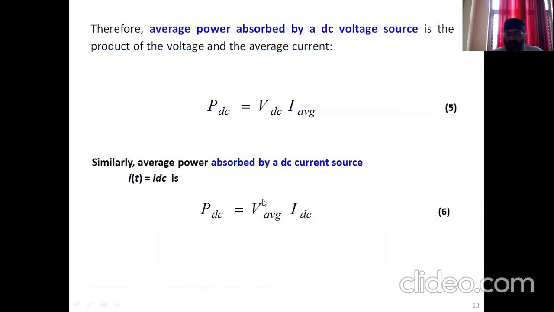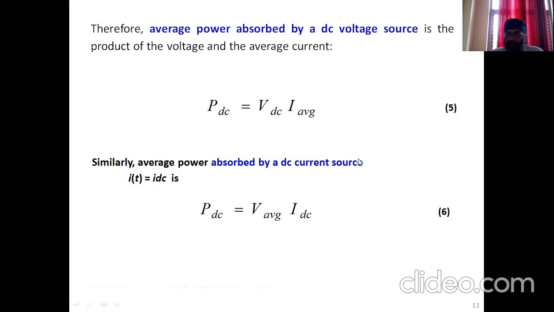So this V average multiplied by the DC current, and we still get the DC value of power. You just have to remember that this DC value of power is the same as the average value of power, but we denote it using DC just to show that we are dealing with a DC source, either a DC voltage source or a DC current source.